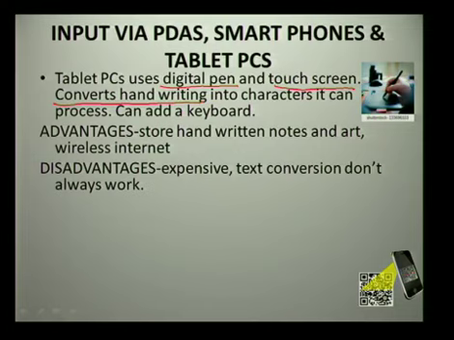So your handwriting will be converted into characters that can be processed into your normal text that you would get on a PC. You can also add a keyboard, which is an extra, if you don't want to use the touch screen on your tablet.